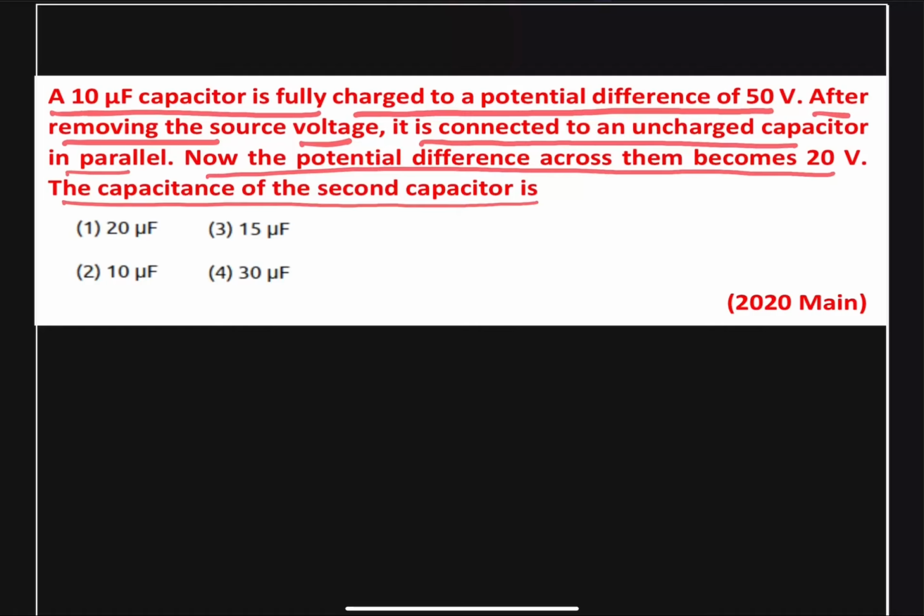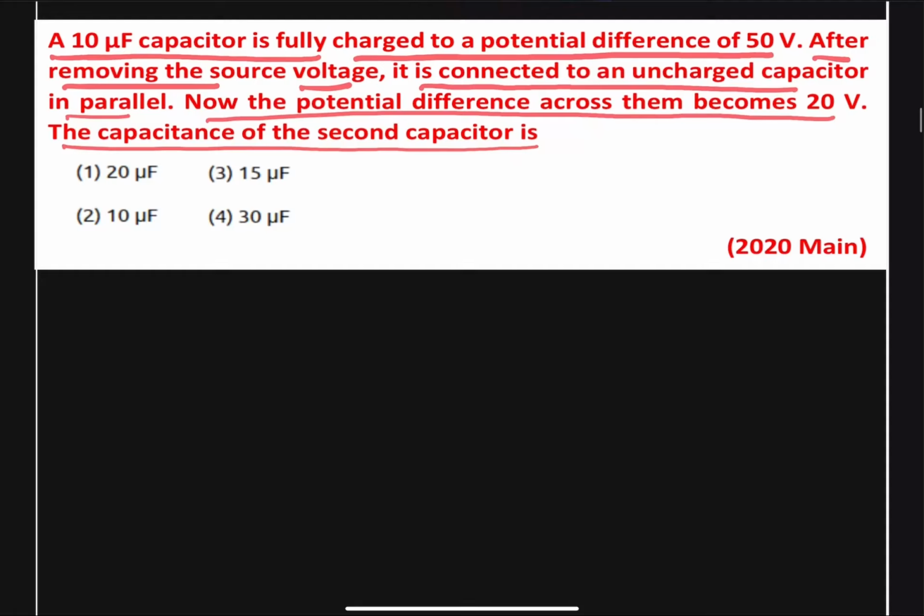So here we are given that initially, let us suppose we have a capacitor C1 connected to a potential difference of V1, and the charge on this is Q1.